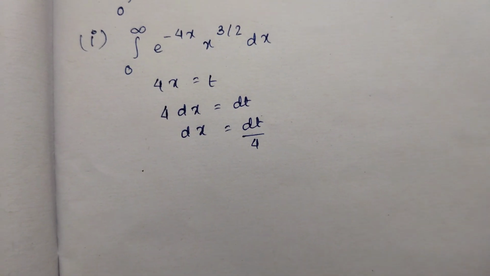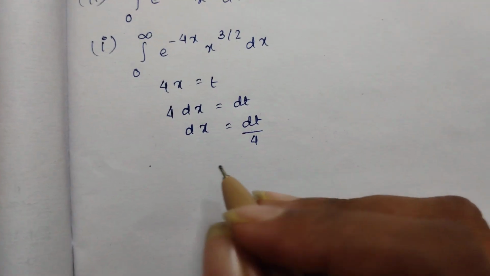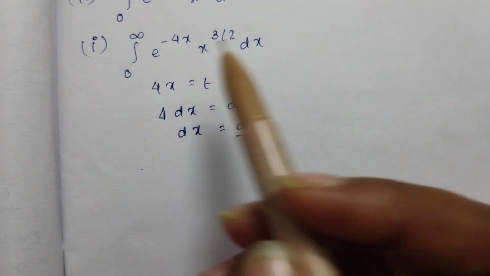Now, if we put the value of dt in this particular equation, we just exchange the values of x and make it t.